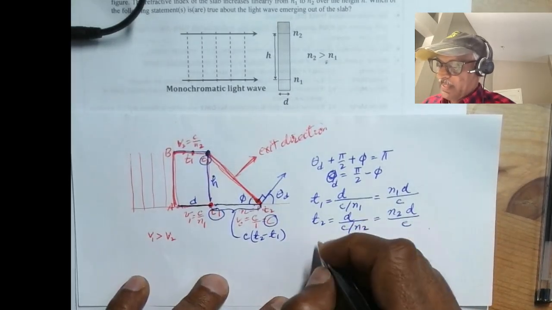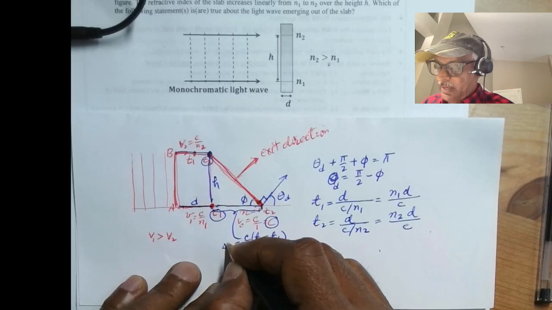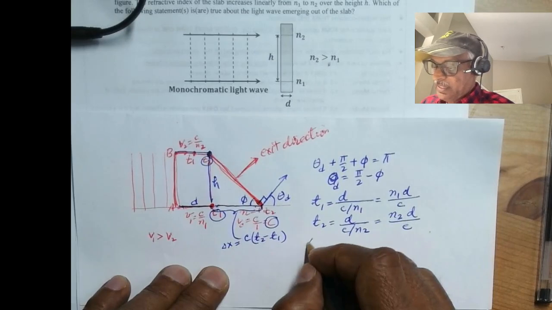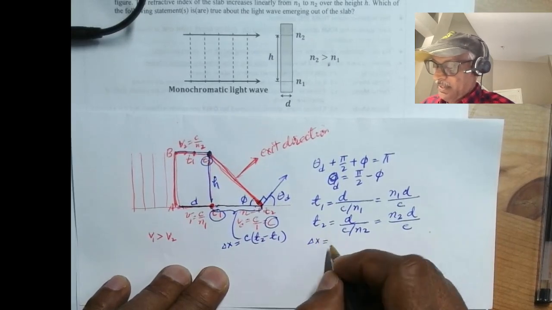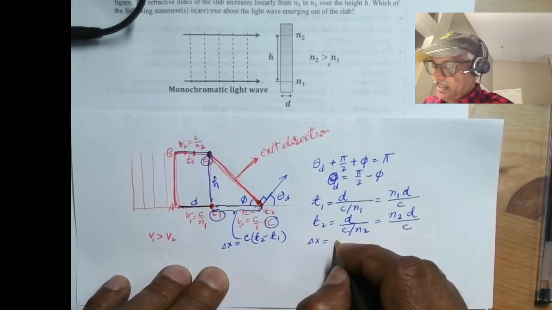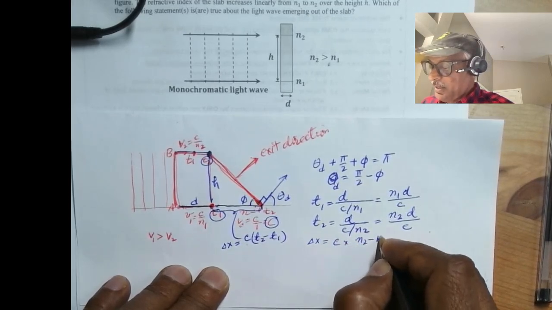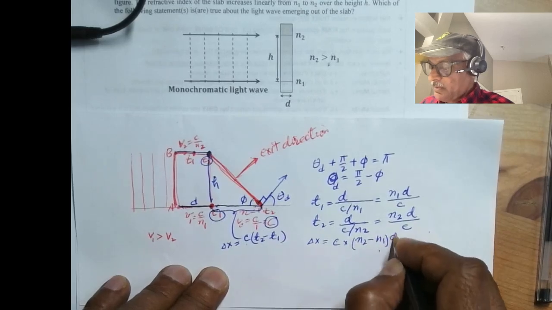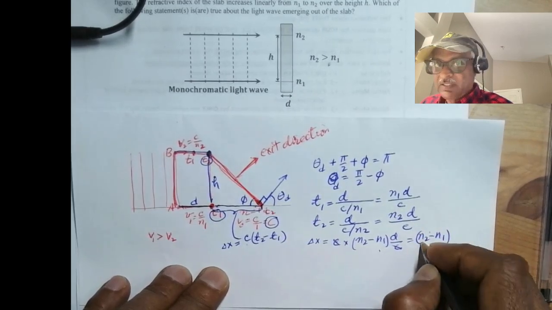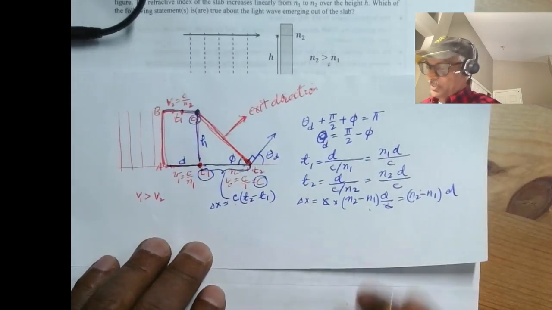Let's call this delta x. Delta x is c times (n2 minus n1) d over c, with the c's canceling. So this is (n2 minus n1) d. So far so good, right?